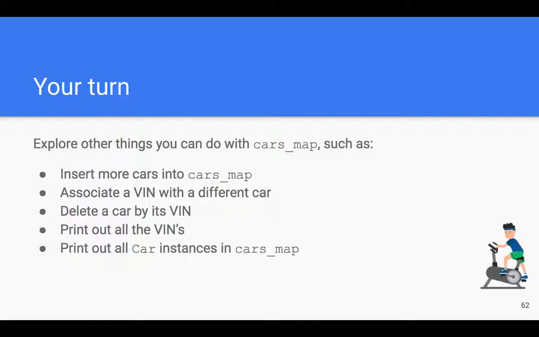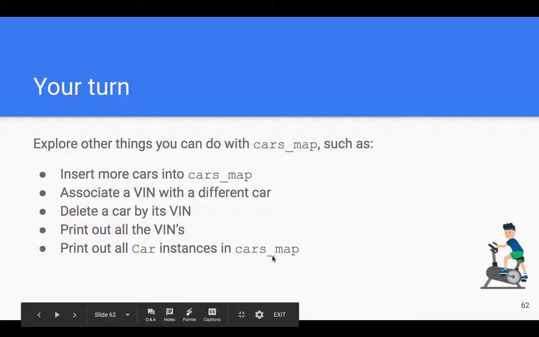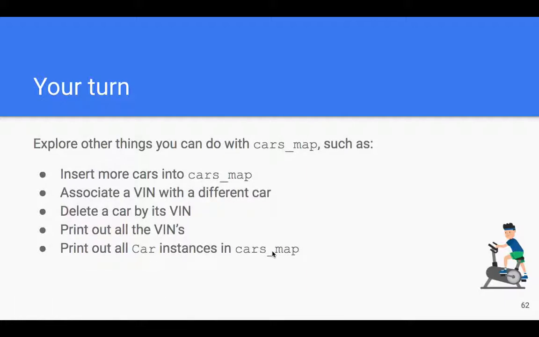It cannot associate with more than one car, so you should make sure that's the case. You can delete a car by its VIN, or print out all the VINs, or print out all the cars in the dictionary. So give all those a try, and hopefully in the process you can really appreciate and learn to use the dictionary. All right, I think that's the end of the video.